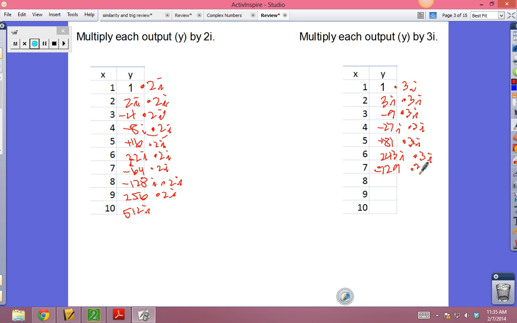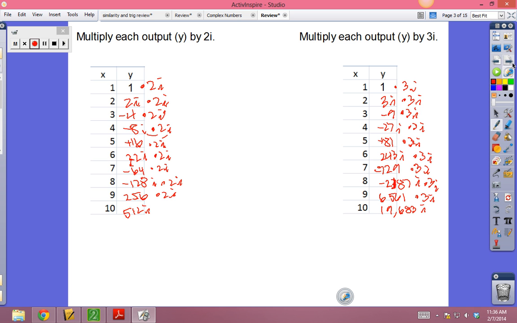Negative 729 times 3 imaginaries, negative 2,187 imaginaries times 3i is going to be 6,561. Is it going to be positive or negative? It's going to be positive because a negative times that's going to be negative, but I times I is negative. And then the last one, 19,683i.